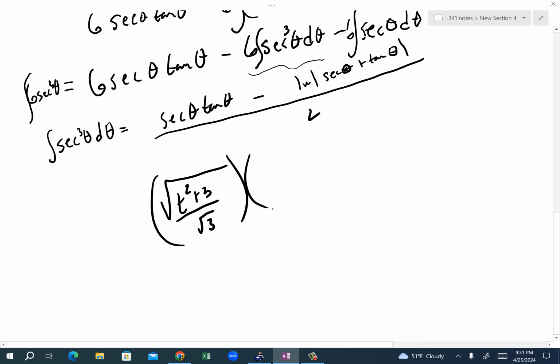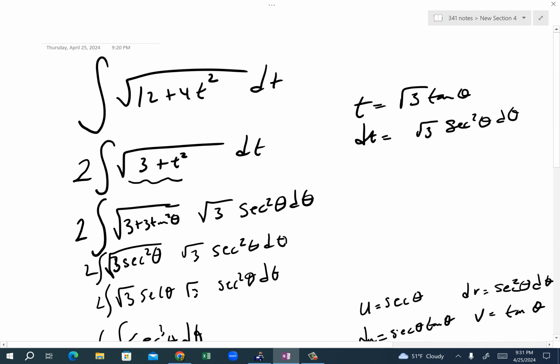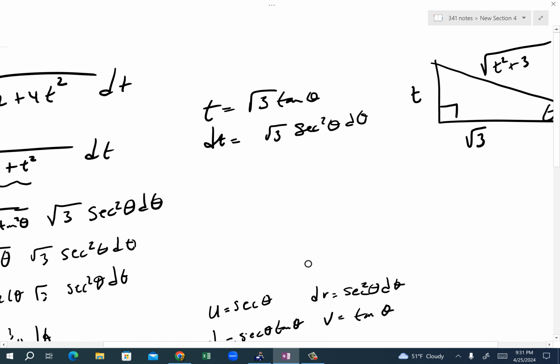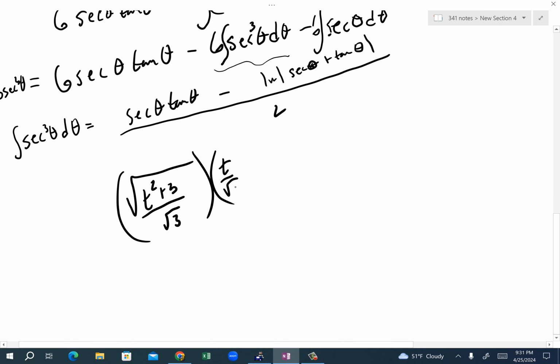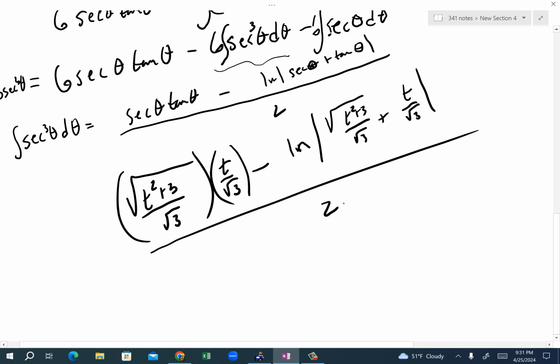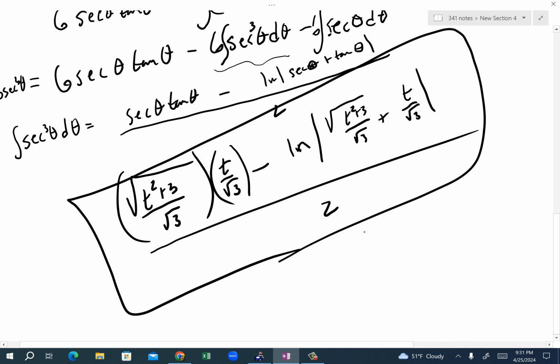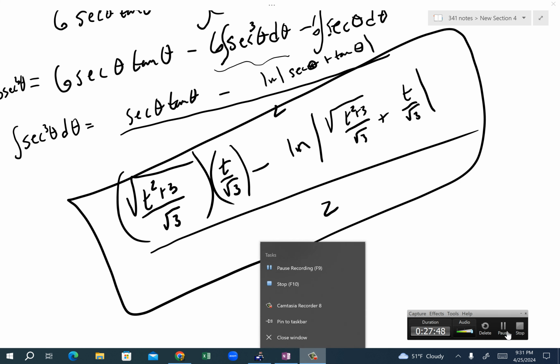Tangent is t over root 3, minus the ln of secant, which is this thing, plus tan, which is this thing, all over 2. That's your final answer. Okay? All right. Again, ugly, but that's how life goes.